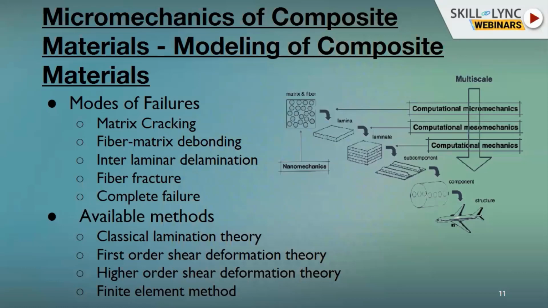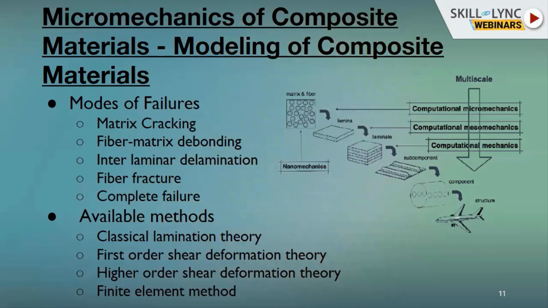So as you can see on the right hand side, we have a small representation of various scales. As we all know, matrix and fiber make the core ingredients of any composite material. Analyzing any component at this scale, we call it micromechanics.